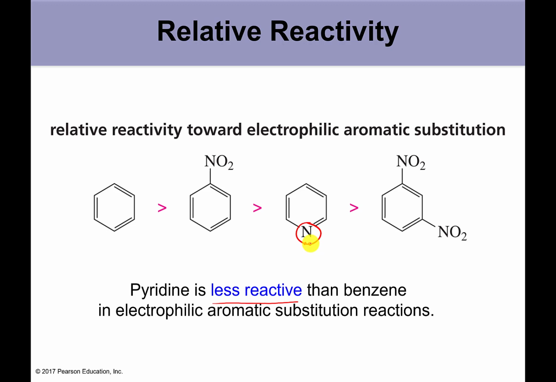That is, if we use acid, this will protonate and become even more deactivated. And it's very difficult for pyridine to add substituents under normal laboratory conditions. In terms of relative reactivity, it's something between the reactivity of a single nitro group or 2 nitro groups on the ring.